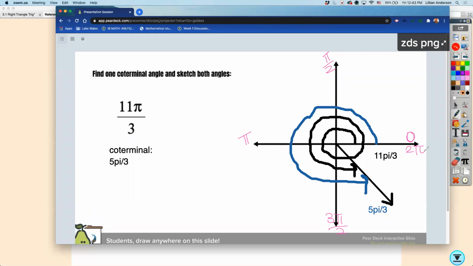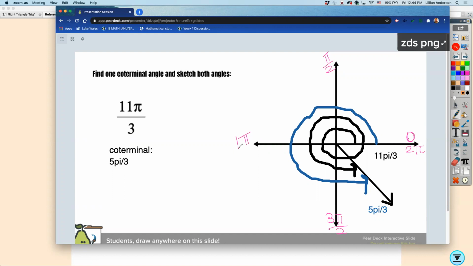Now, I said take away the pi's and just look at the numbers, right? 11 over 3 is what? If you divide them, 3 2/3, right? So I have 0, 1/2, 1, 3/2, 2.